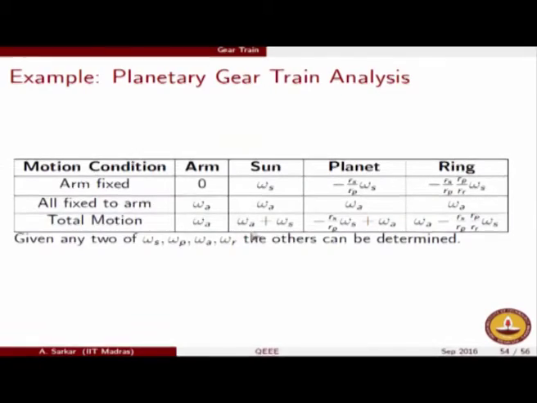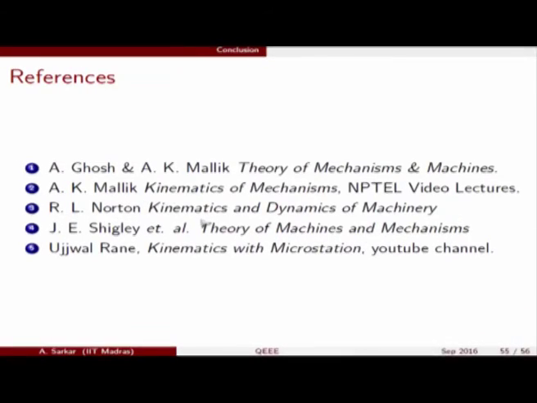Okay, as far as the references are concerned, let me again emphasize that most of the material has been taken from this book by Ghosh and Malik, Theory of Mechanisms and Machines. Professor Malik's lectures on kinematics of mechanisms, therein there are I think about 5 or 6 lectures on gears.